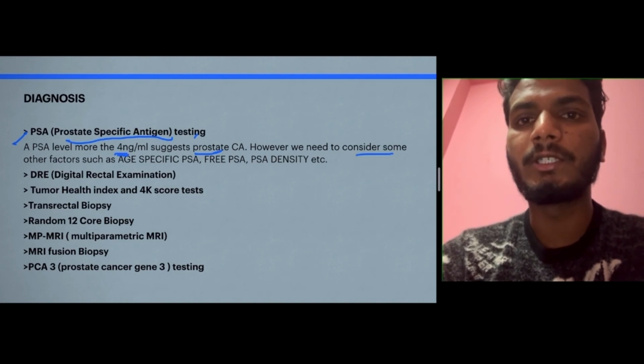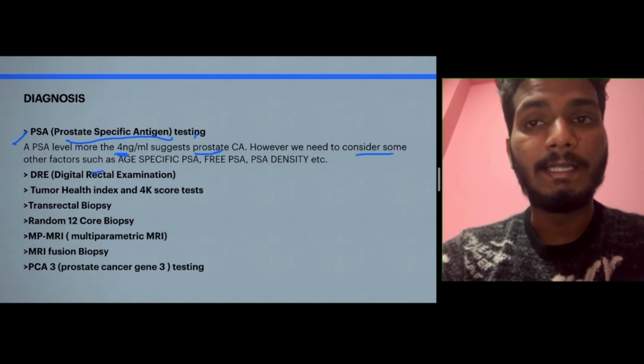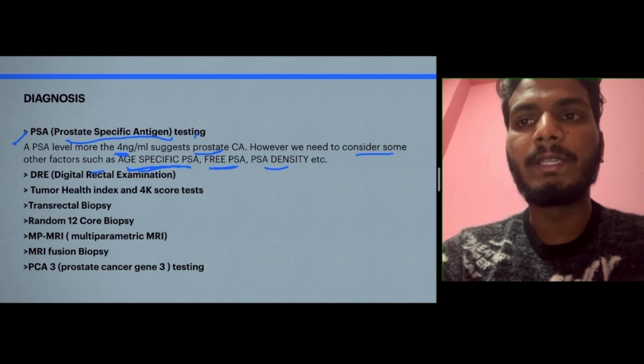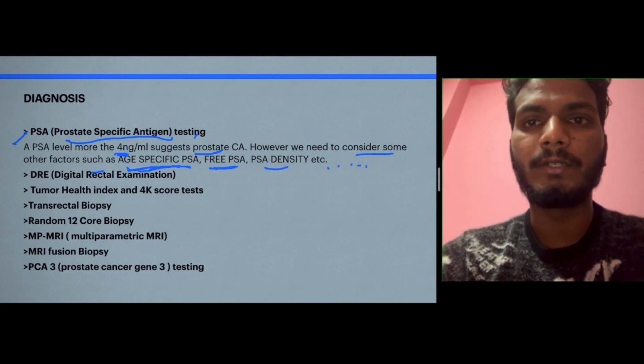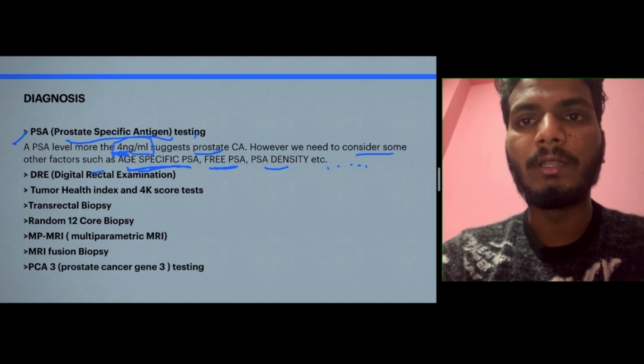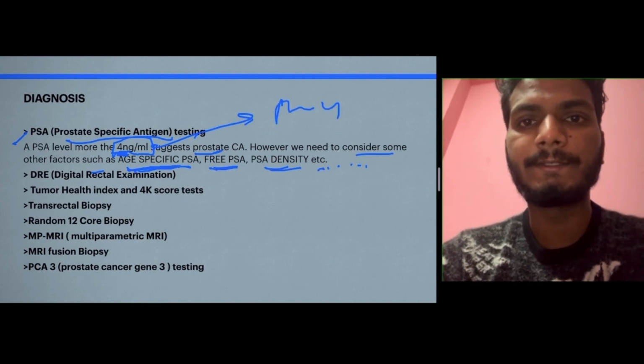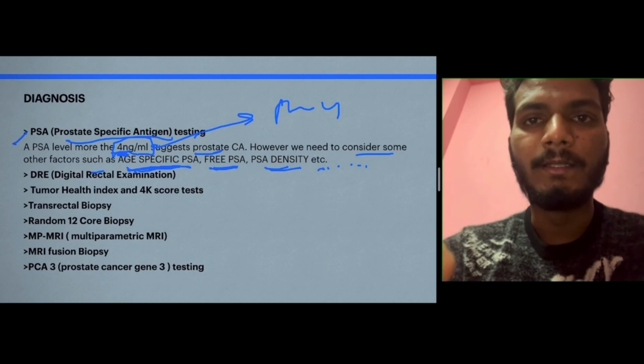However, we need to consider some other factors, such as age specific PSA, free PSA, PSA density, and many other things that we need to consider. We can't just look at 4 or more than 4 and call this prostate cancer. No, we need to consider all these things. So this is the one.